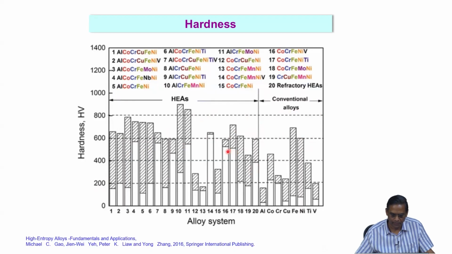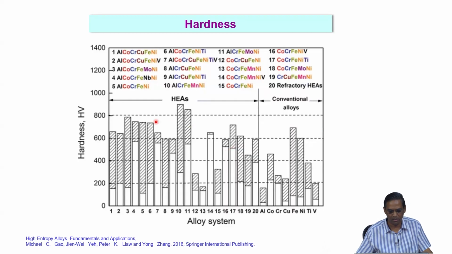So we know the reason why the high entropy alloys exhibit high hardness, because primarily the solid solution strengthening effect, and then of course all types of strengthening effects also play a role in high entropy alloys, like solid solution strengthening, grain boundary strengthening, that is grain size, and then precipitation hardening and work hardening and so on.